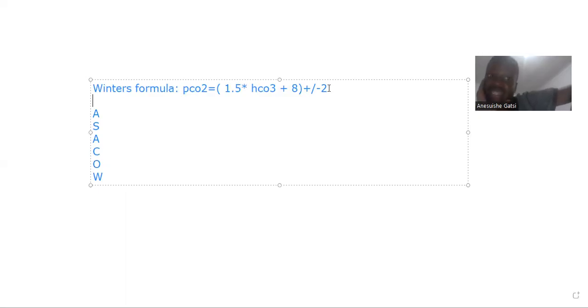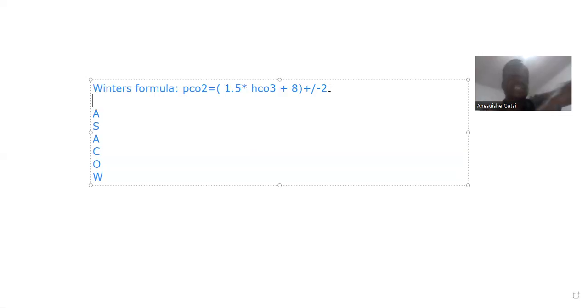Then that's it. Causes include acute lung disease, chronic lung disease, opioids, or even weakening of respiratory muscles. All these things can cause respiratory acidosis.